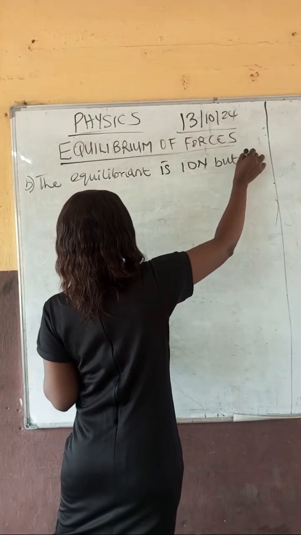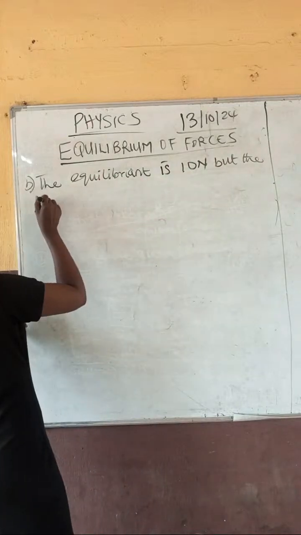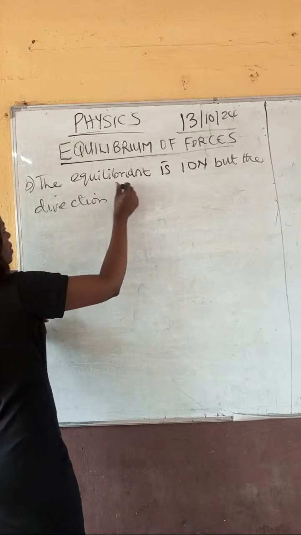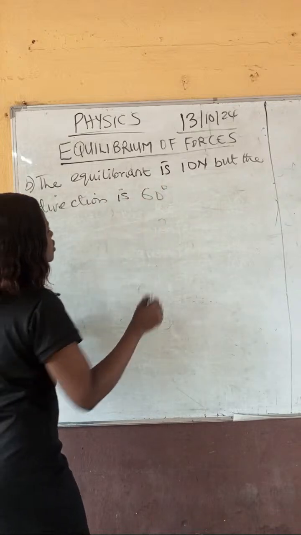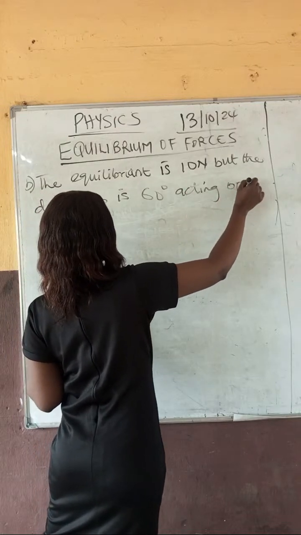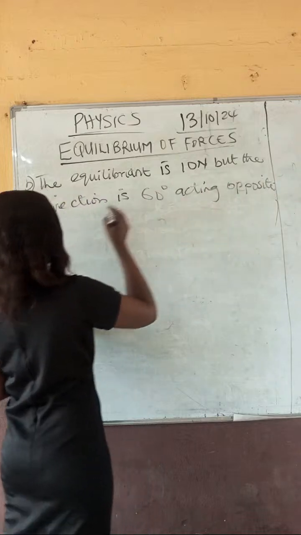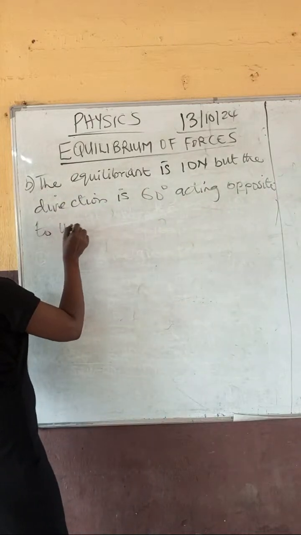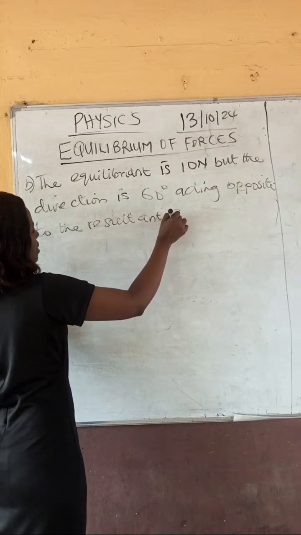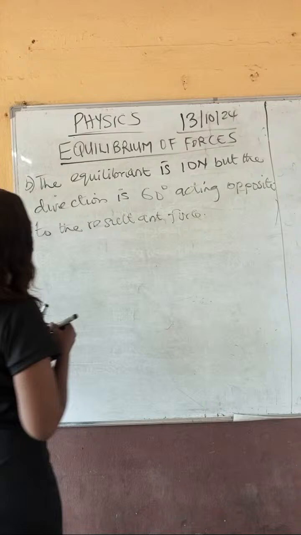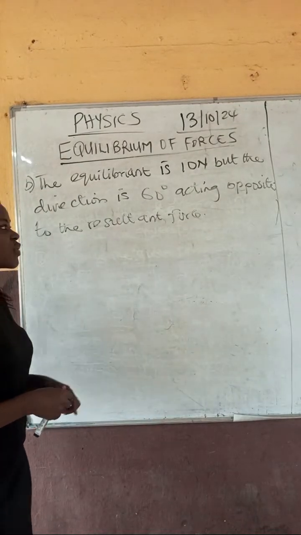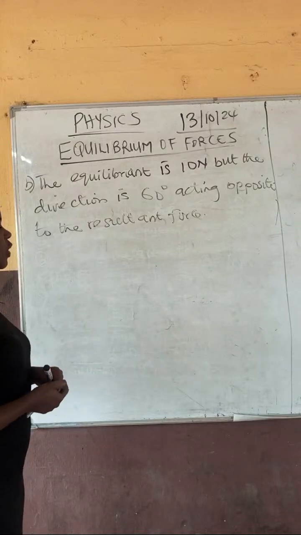But the direction is 60 degrees, acting opposite to the resultant force. The equilibriant force is 10 Newton, but the direction is 60 degrees, acting opposite to the resultant force.